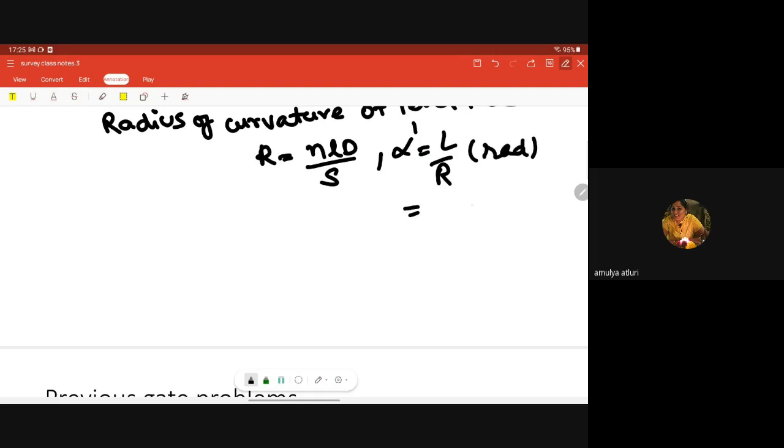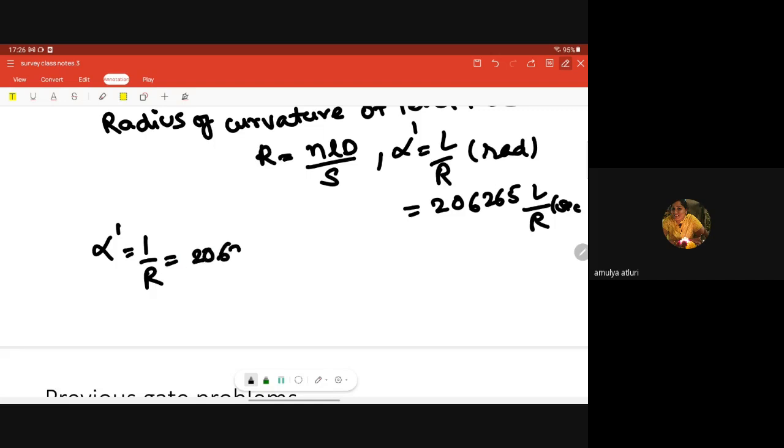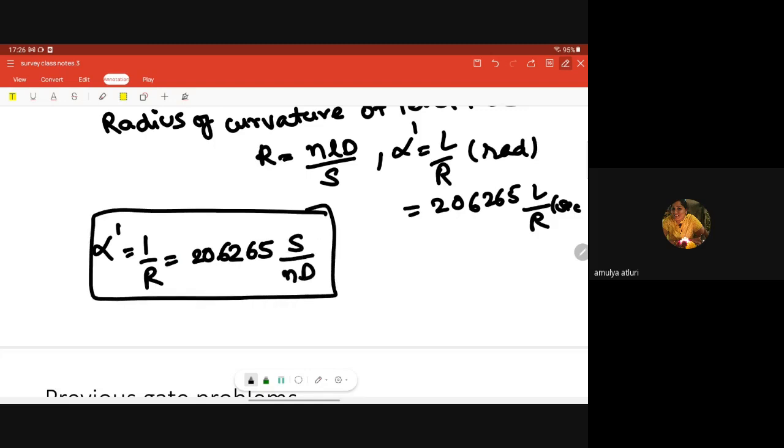If I want to convert it to seconds, it is 206265 L by R in seconds. So the sensitivity of the bubble tube, alpha, is equal to 1 by R, that is equal to 206265 S by ND. This is the sensitivity of the bubble tube.